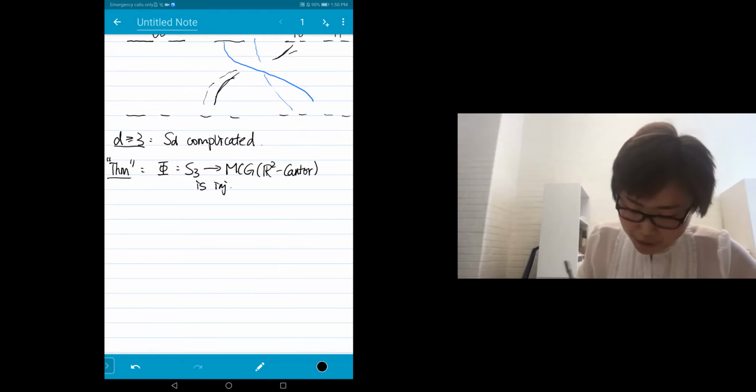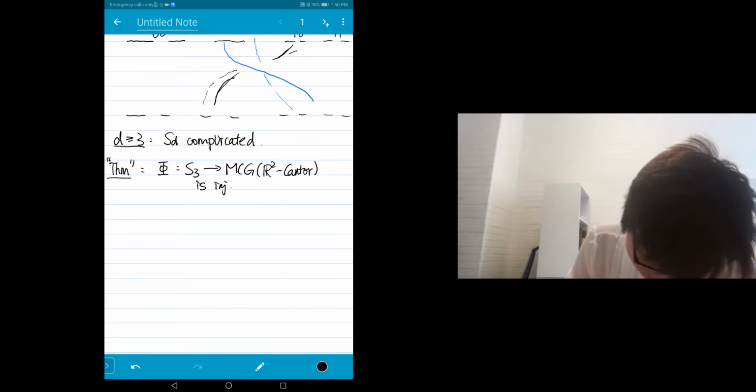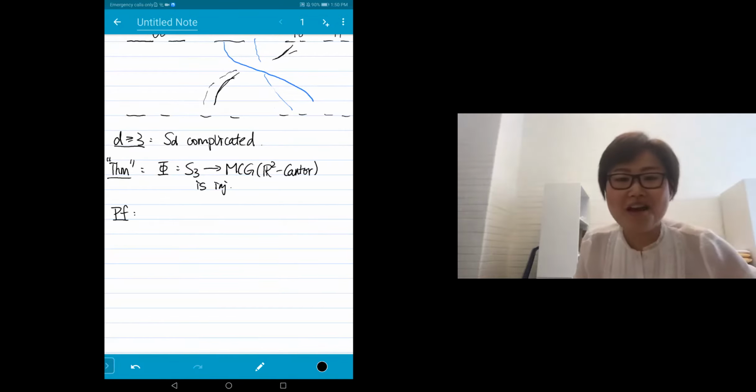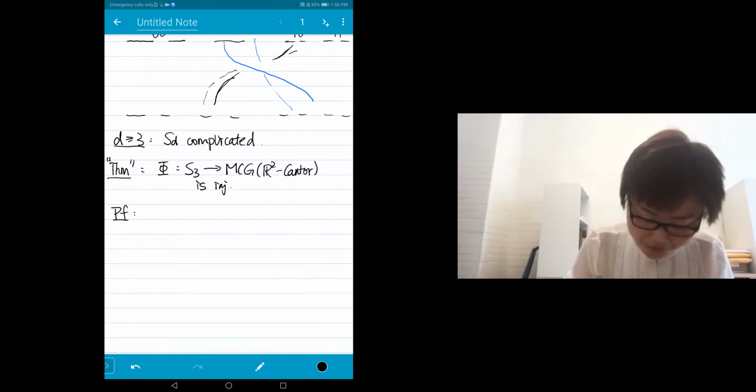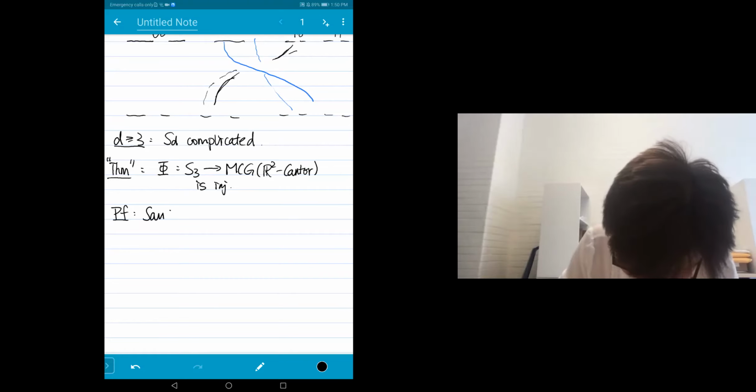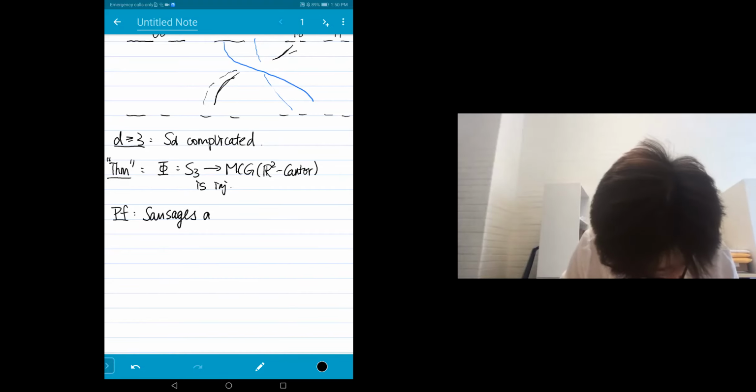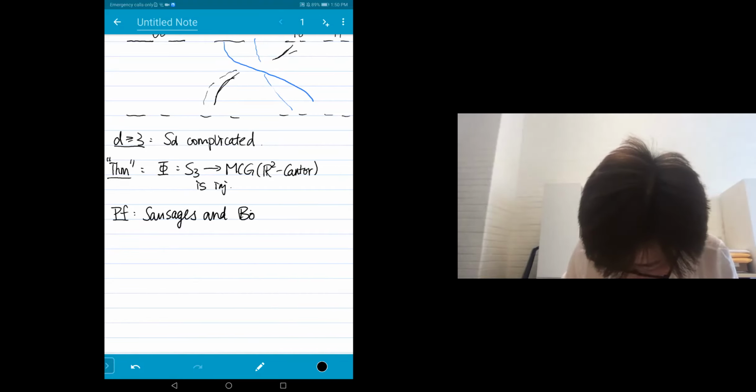Okay, so I'm running out of time, but let me say a few words about the proof. It's after lunchtime, but the proof uses sausages and butcher paper.